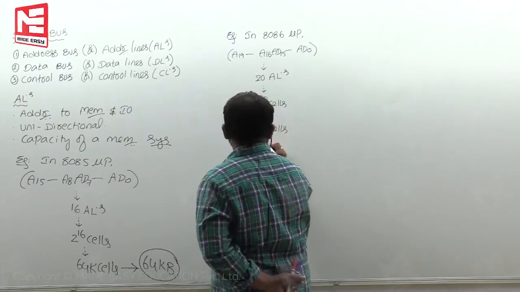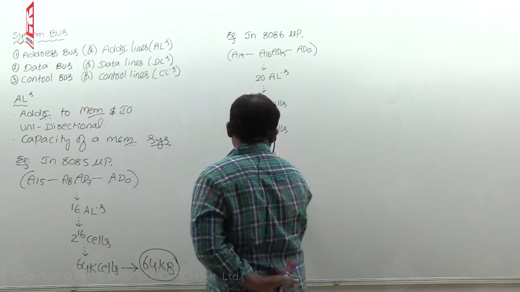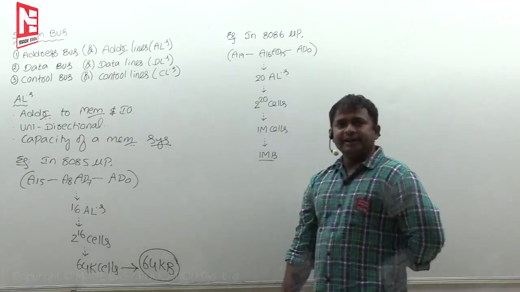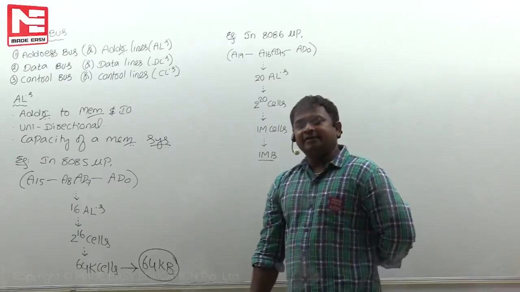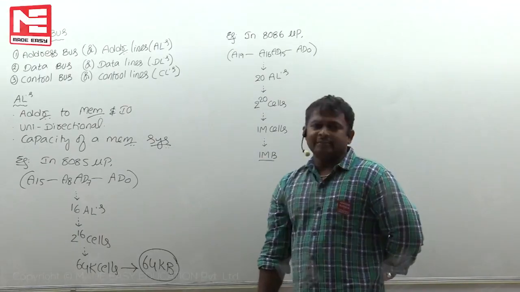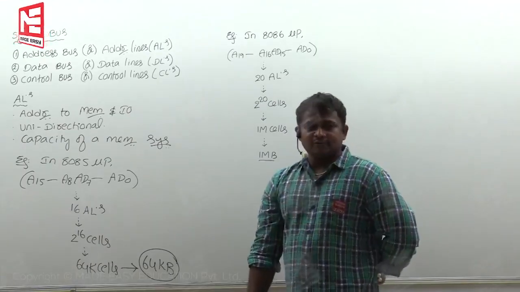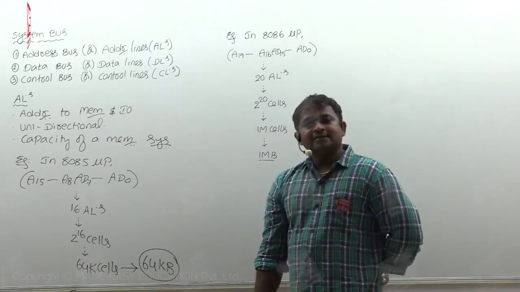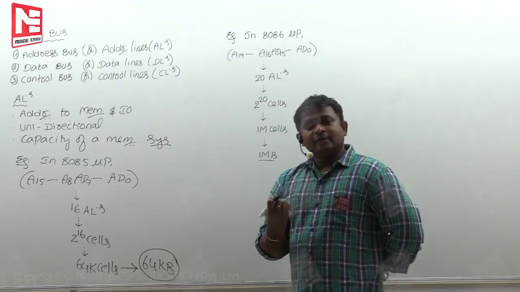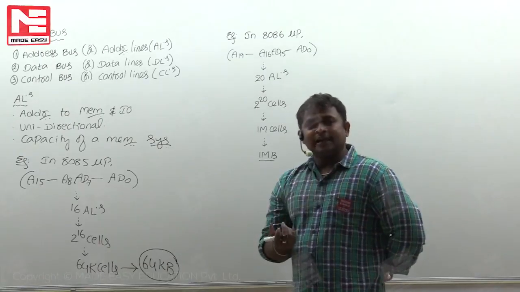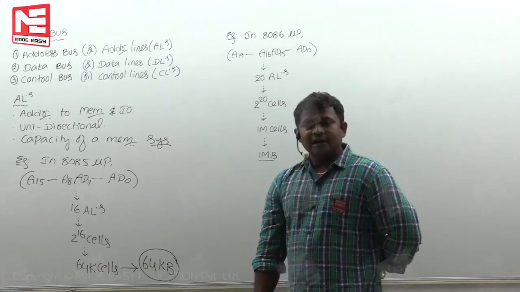By default cell size is byte, so that is 1 MB. Clear now? So in 8085, 64 KB main memory is possible; in 8086, 1 MB is possible. Nowadays, there are computers available in the market with different configurations like this.